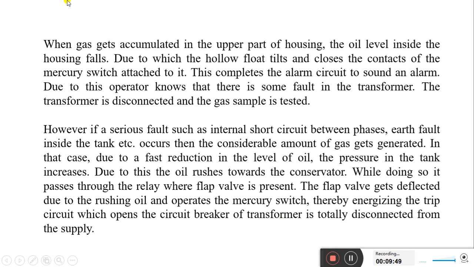Now when gas gets accumulated in the upper part of the housing, the oil level inside the housing falls, and due to this the hollow float tilts and closes the contacts of the mercury switch attached to it.